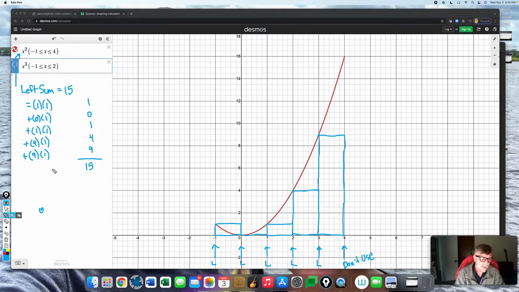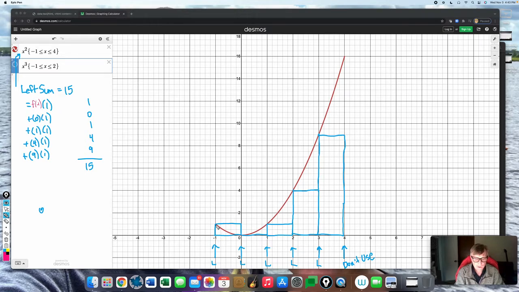Now, what's really happening, let me replace some of these numbers with some generic ideas. The first thing that I did there is I found f of negative 1.